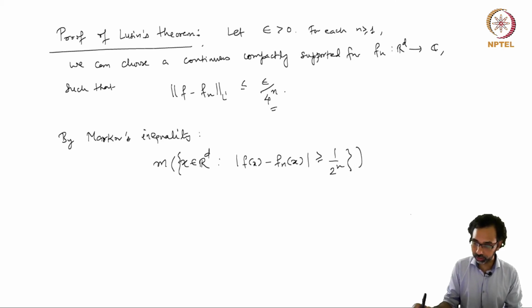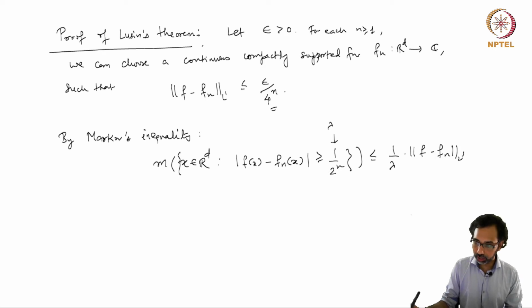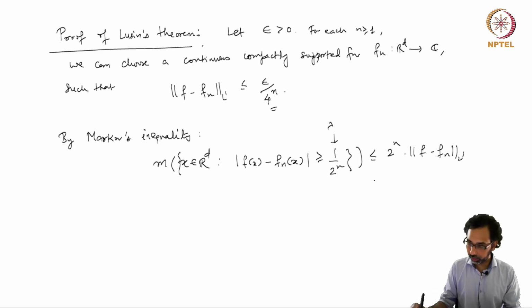So the measure of this set is less than or equal to, so this is our lambda here, 1 over lambda times the L1 norm of the function that you are choosing. So this is nothing but 2 to the power n times the L1 norm, and because we have chosen this L1 norm to be less than or equal to epsilon by 4 to the power n, this is 2 to the power n times epsilon by 4 to the power n, which is equal to epsilon by 2 to the power n.